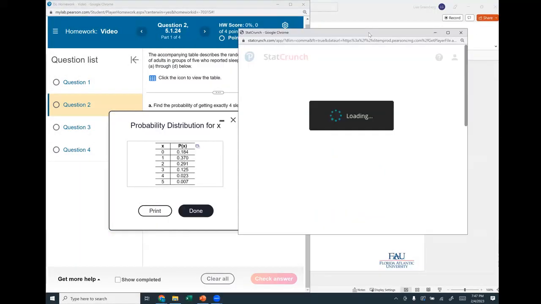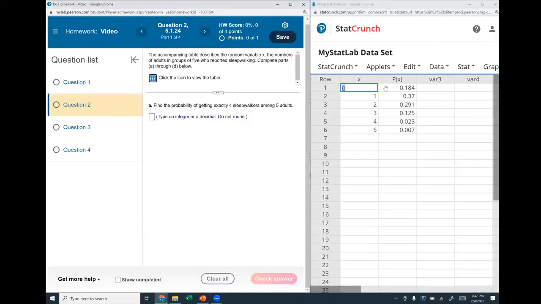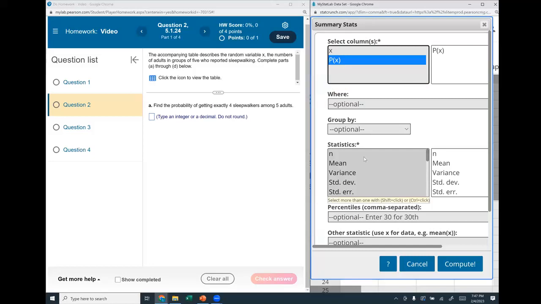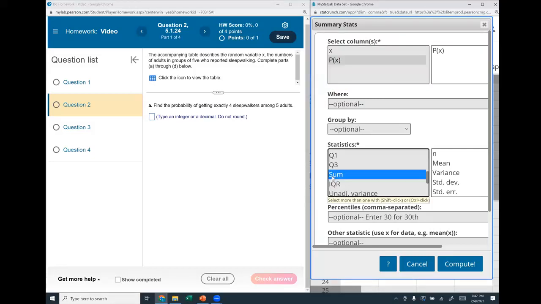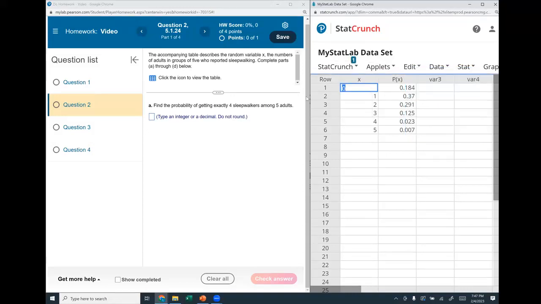I have to put that over here. Close this. And again, my x's are numeric. My probabilities are between 0 and 1. And just to make sure everything is fine, I will sum my probabilities and I get 1, so all good.